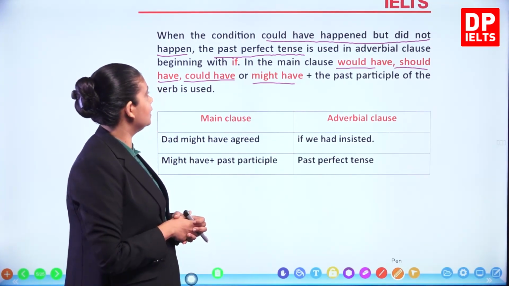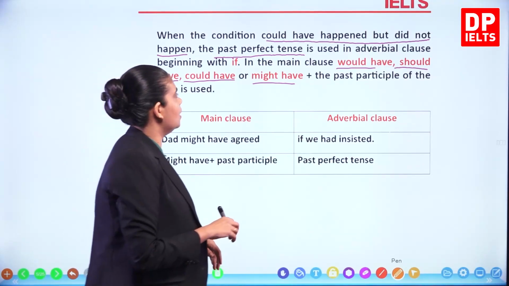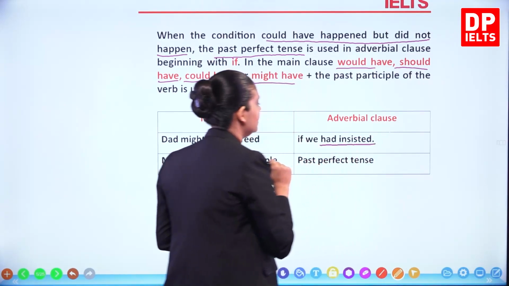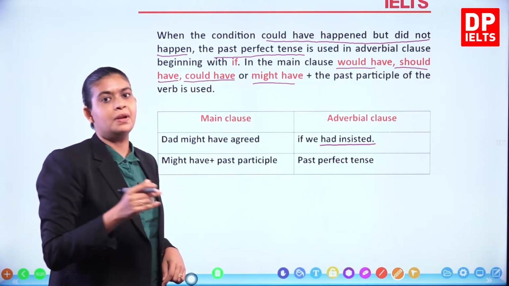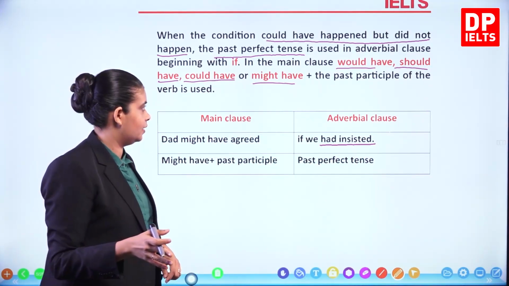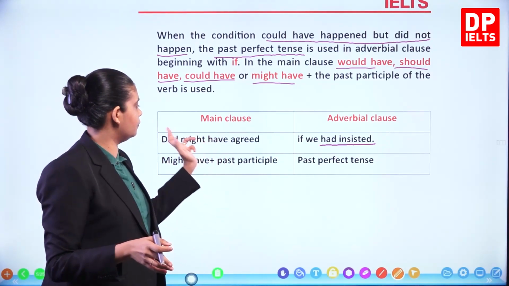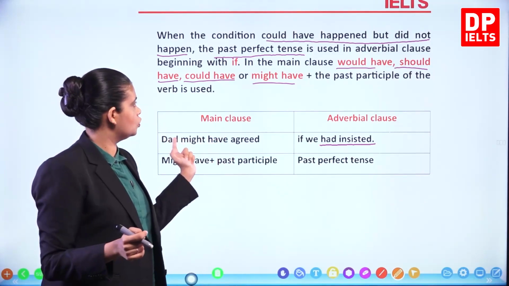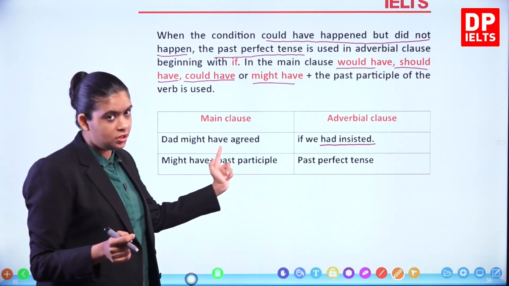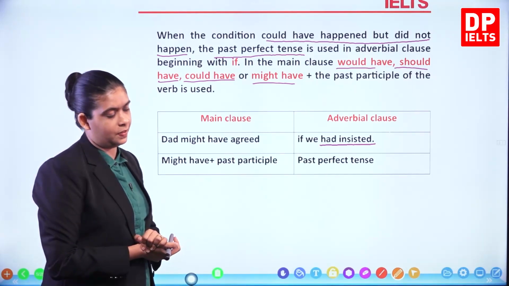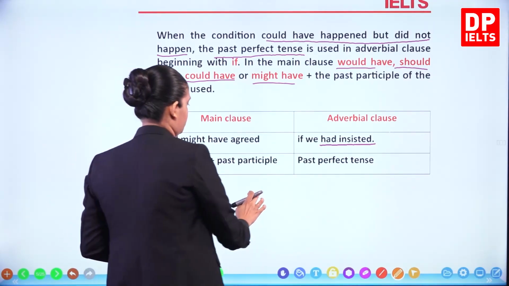And then we use the past perfect tense. Had insisted. Had plus the past participle. The main clause: should have, might have, could have, would have, plus the past participle. So it could be any of those, right?